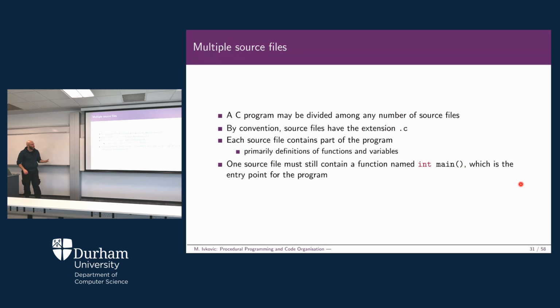So it's the entry point of the program. That's the bit you must have. One of those files, it doesn't need to be called main.c, it can be called whatever you like, but it must contain int main, alternately with the command line argument specifications we had earlier.